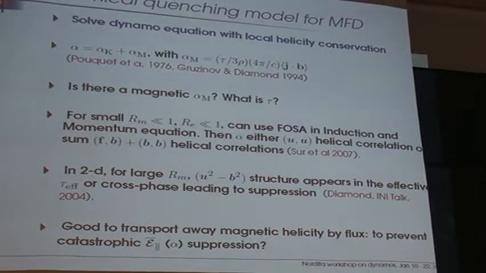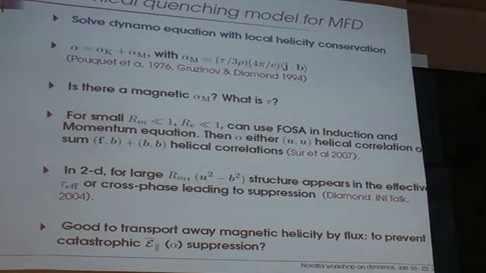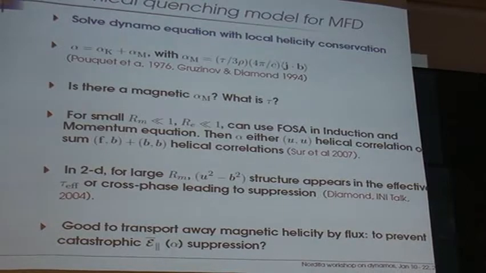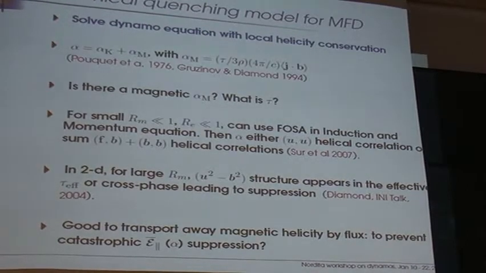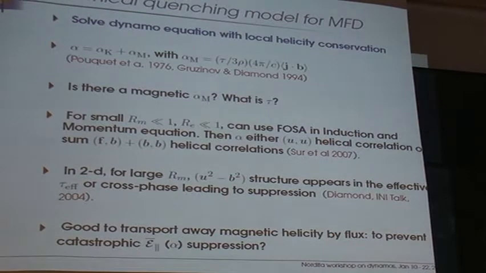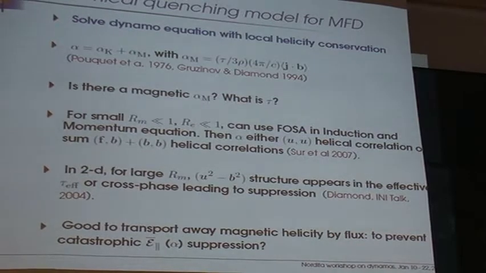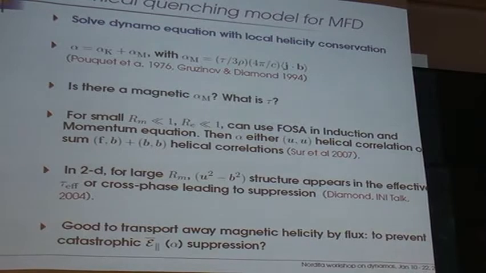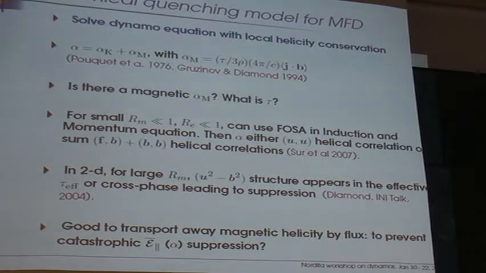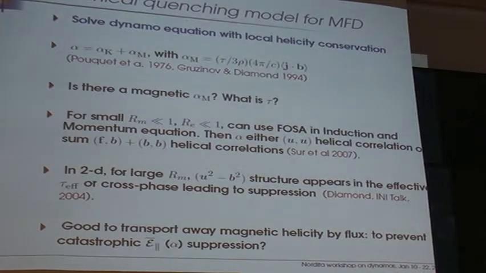One term is a modified U correlation, the kinetic helicity modified by the Lorentz forces. And one term, in this particular context, is not the current helicity but the magnetic helicity itself, because you are working with a small magnetic Reynolds number system where an extra del squared appears, which takes out a k squared from J dot B and makes it into an A dot B.